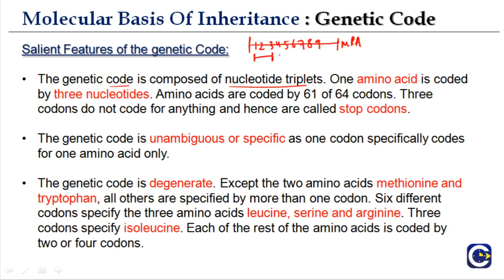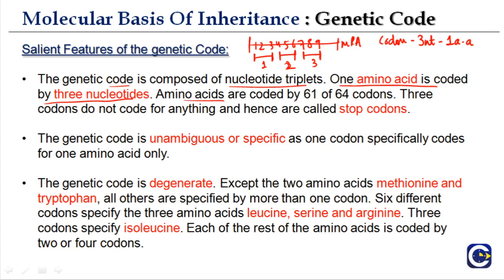This is one codon, this is second codon, this is third codon, and so on and so forth. One amino acid is coded by 3 nucleotides. Each codon which contains 3 nucleotides codes for one amino acid.